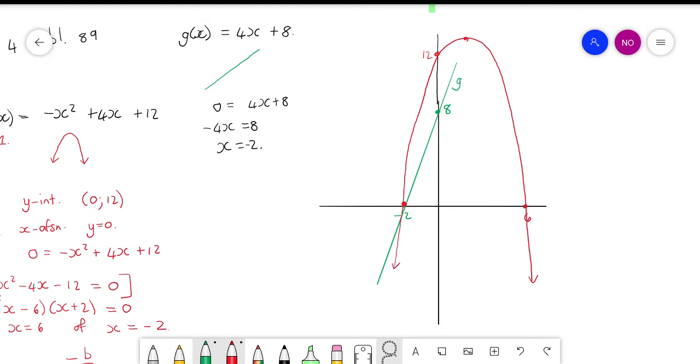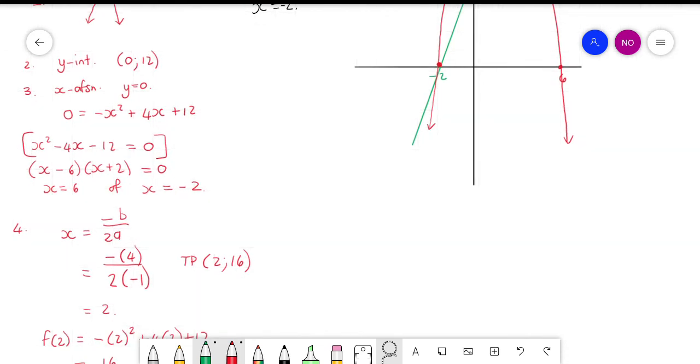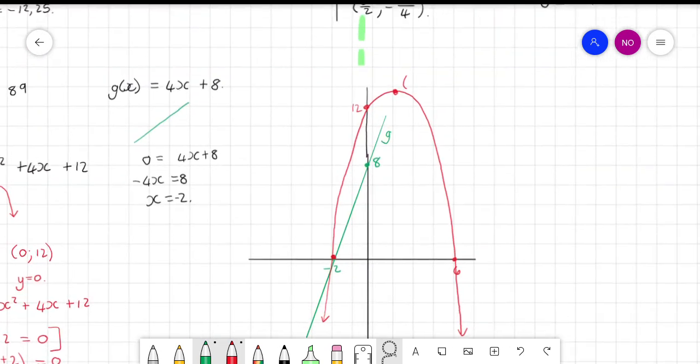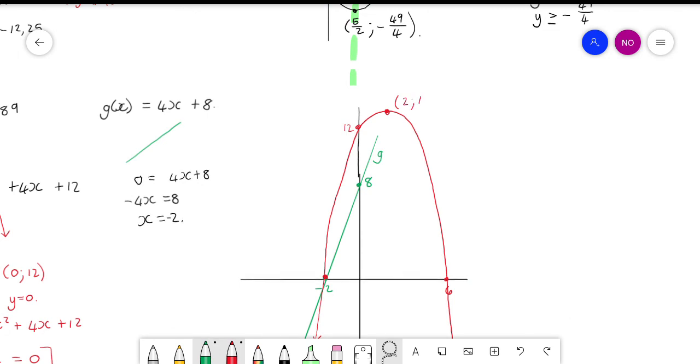And my turning point is at 2 and 16. Okay.